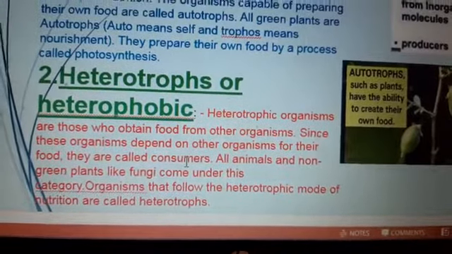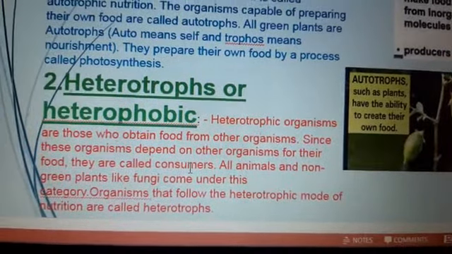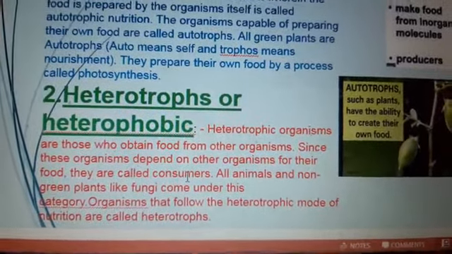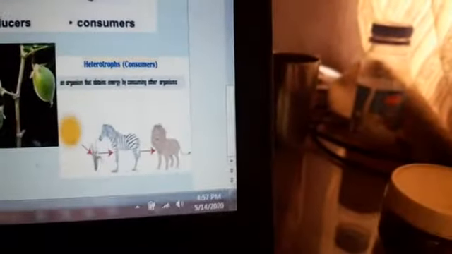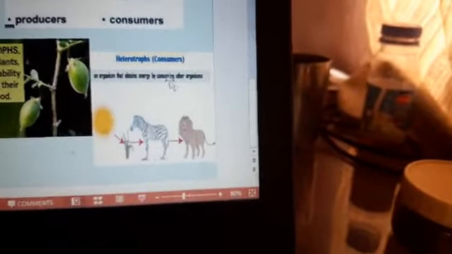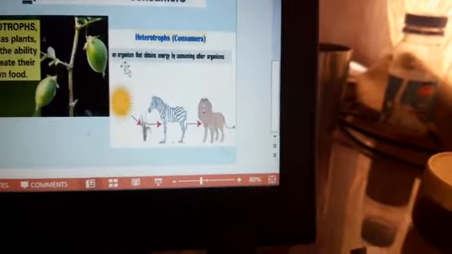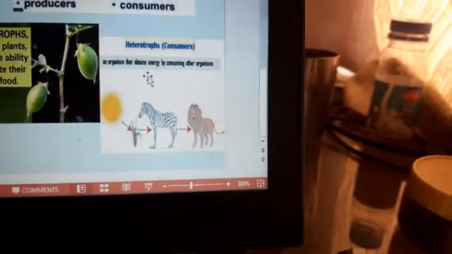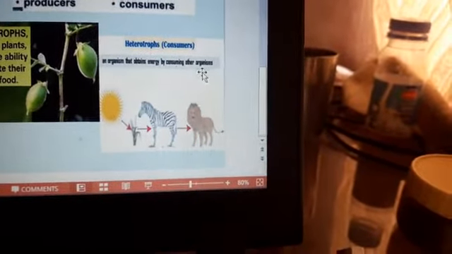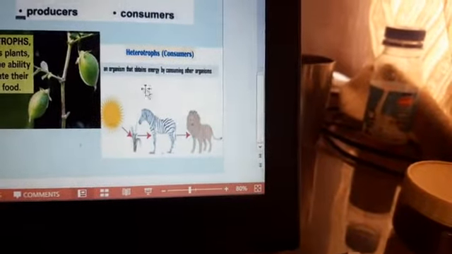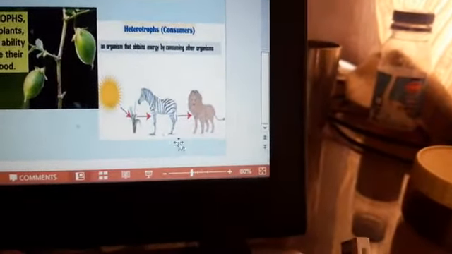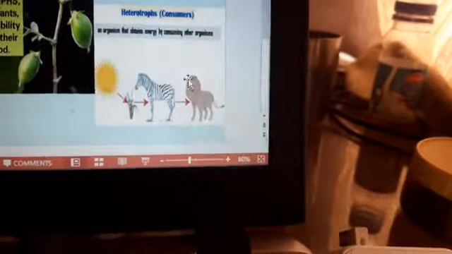Organisms that follow the heterotrophic mode of nutrition are called heterotrophs. Here we can see a diagram of heterotrophs, consumers, organisms that obtain energy from other organisms. We can see this diagram very clearly.